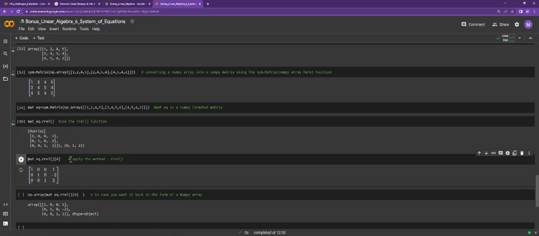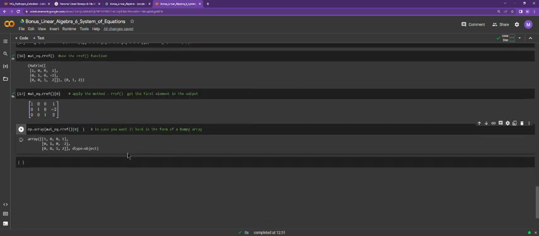To get the first element in the output, you just put a 0 here, to get the matrix format coming up.